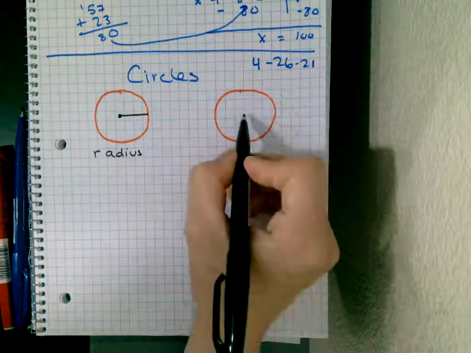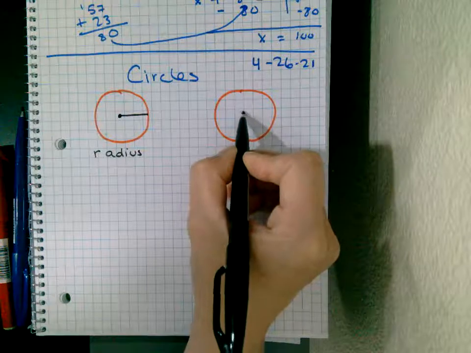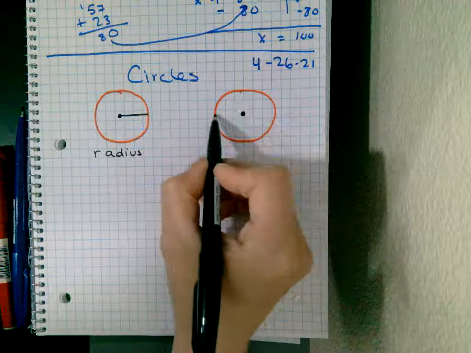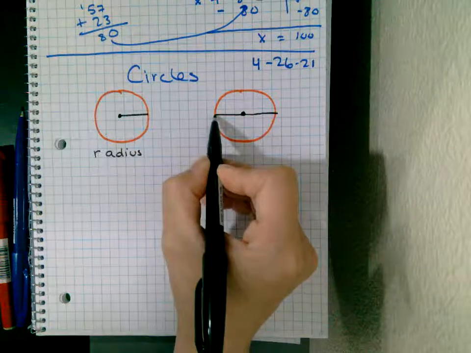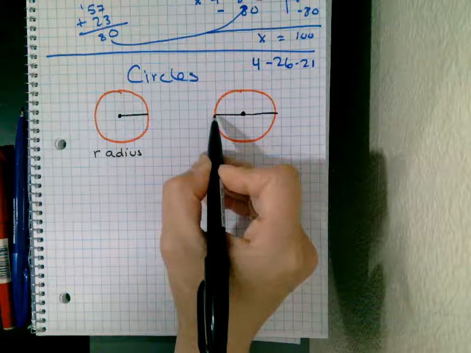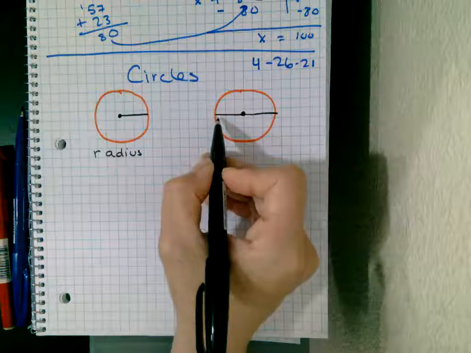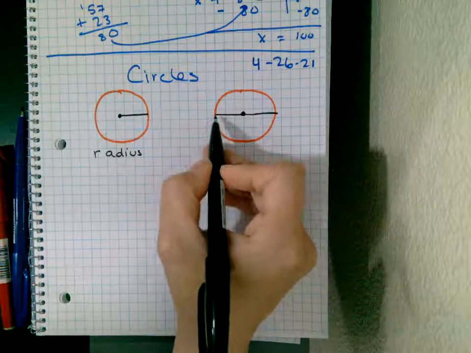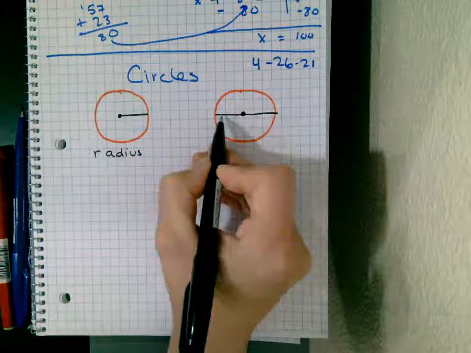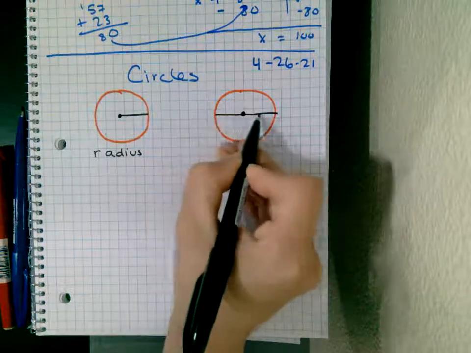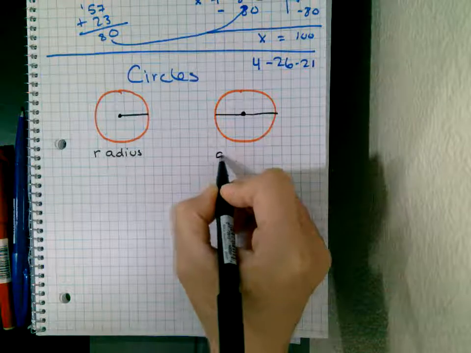Now, if you have a dot in the center and your line goes all the way through the center dot, from one side of the circle to the other side, when it crosses the whole line, that is called your diameter.